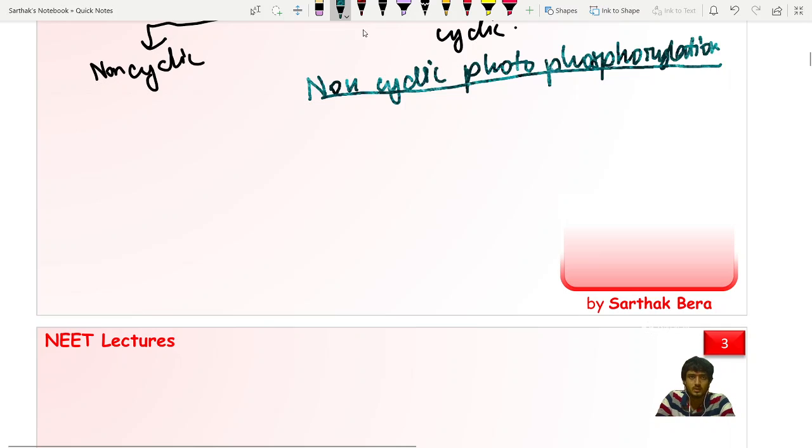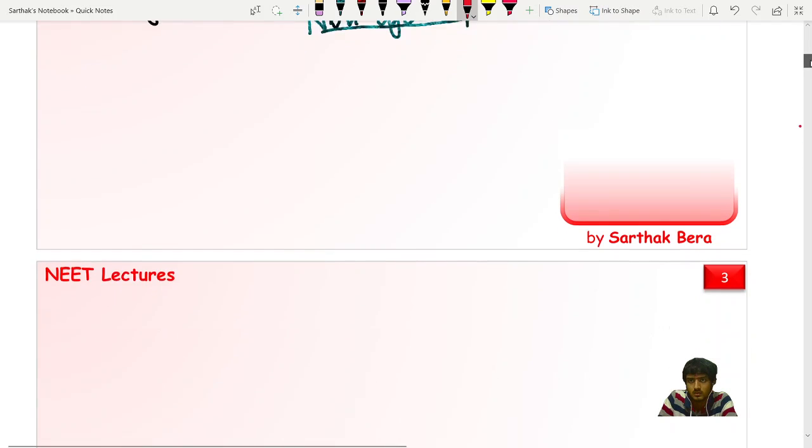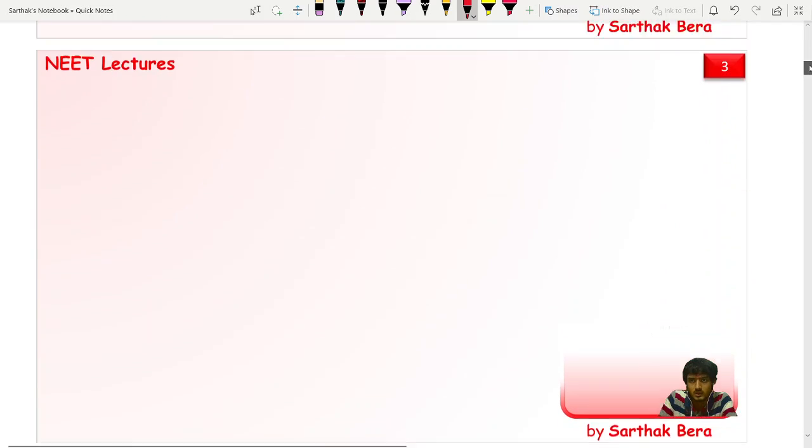In non-cyclic photophosphorylation, first you have to understand. I am taking it to the next sheet. Non-cyclic photophosphorylation.